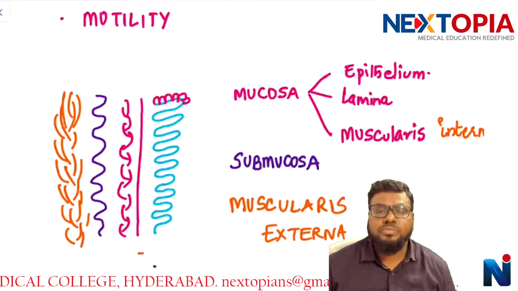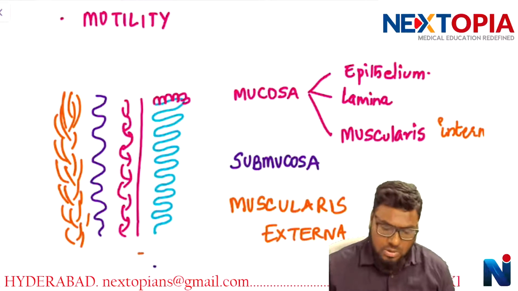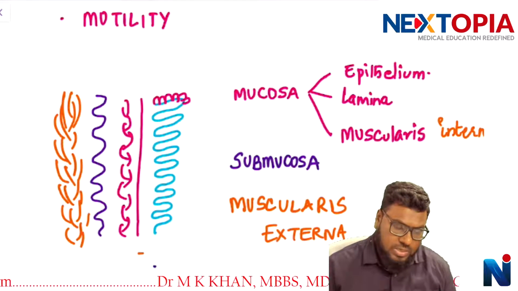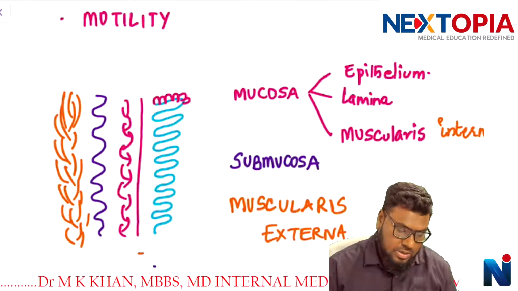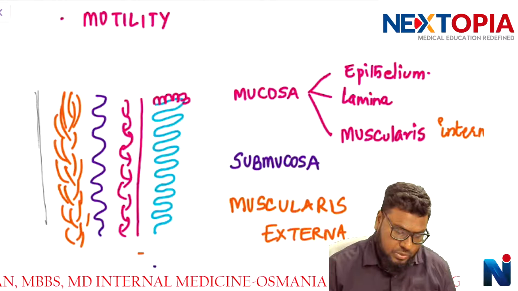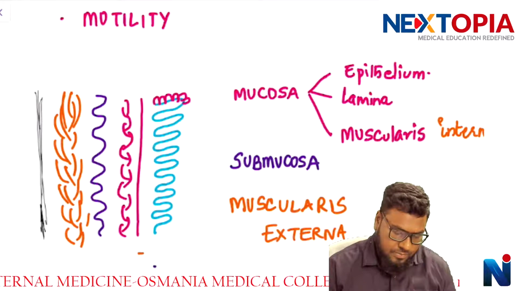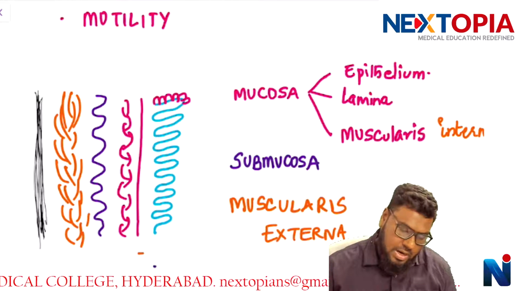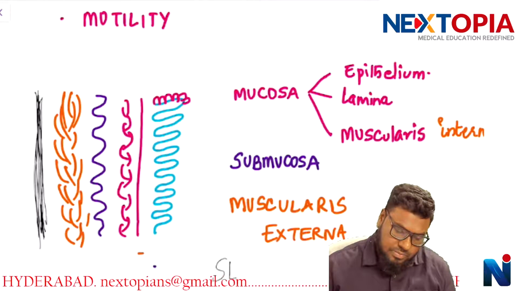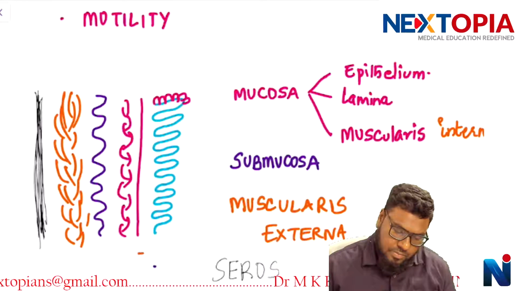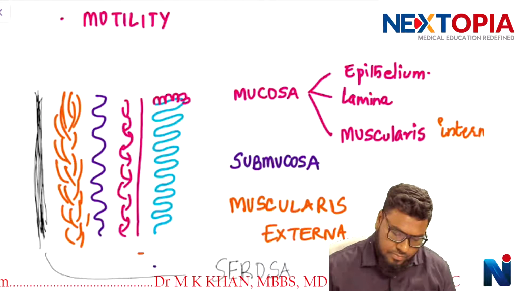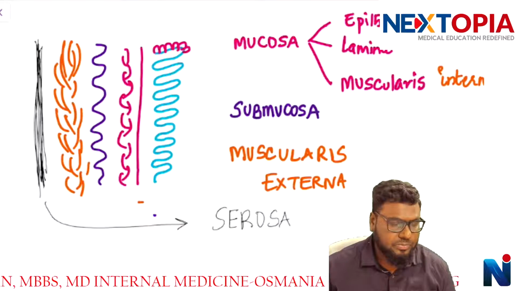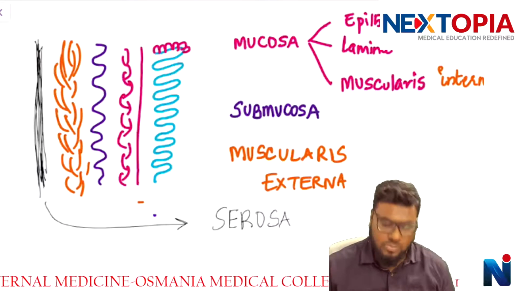So we have got muscularis externa. All right. Then outside this muscularis externa, we have got a thick connective tissue layer, and this you are calling a serosa.